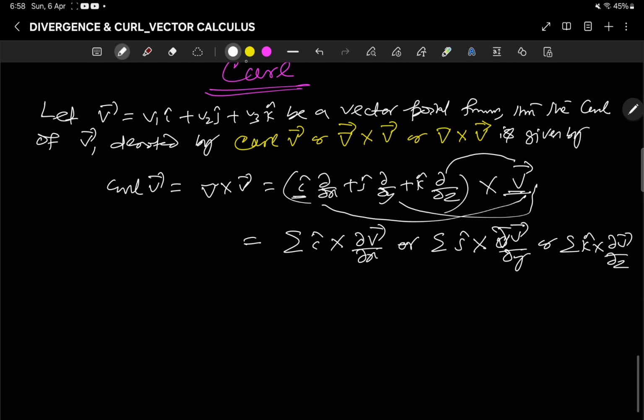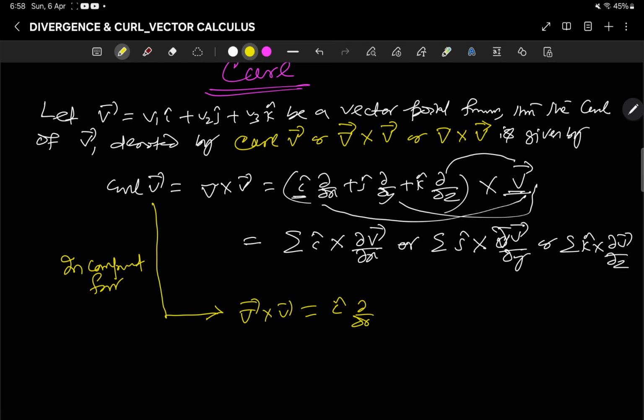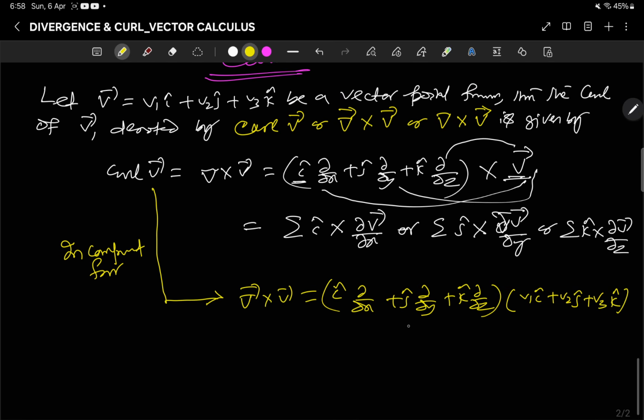Now if you think of it in component form, curl V is (i ∂/∂x + j ∂/∂y + k ∂/∂z) × (V1 i + V2 j + V3 k). It is simply the cross product of two vectors.